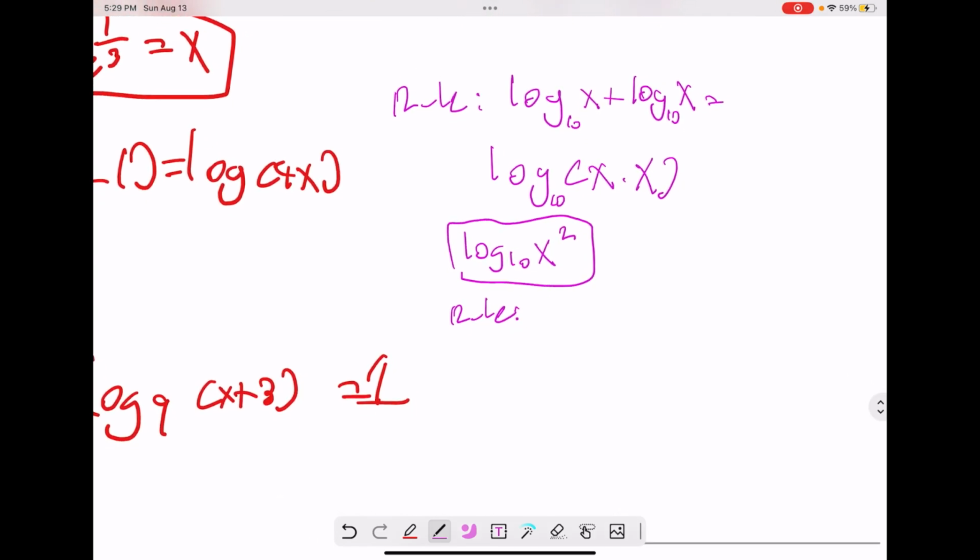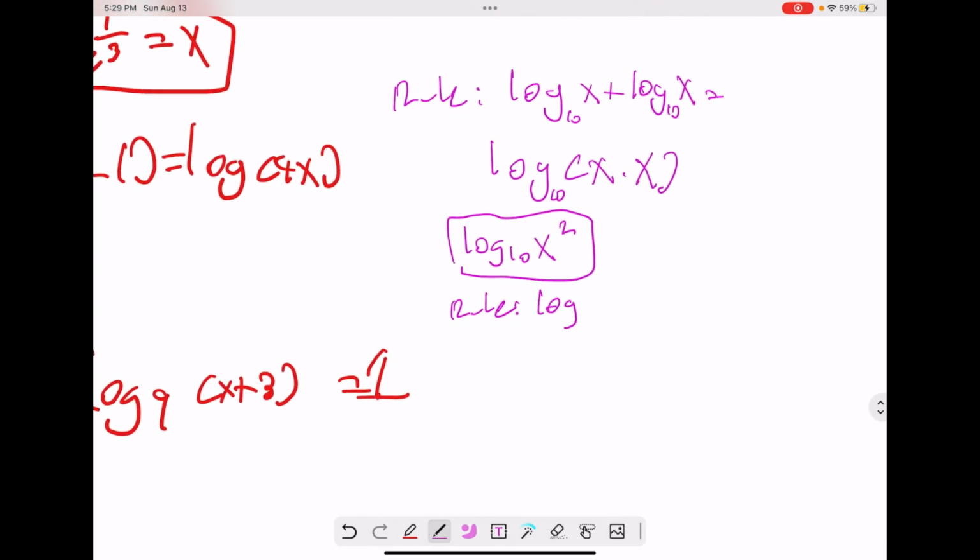So, rule, if you have log of a to the power of b to c, this is going to be equal to c, the exponent on the term that the log is focusing on, times log of a, or log base a of b.